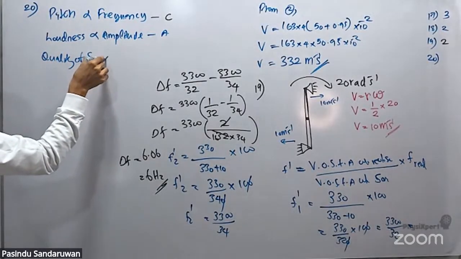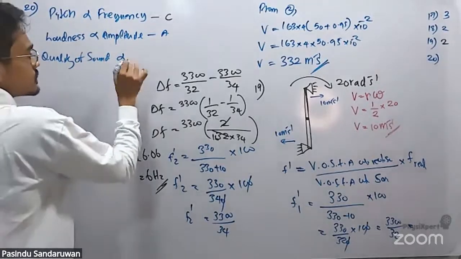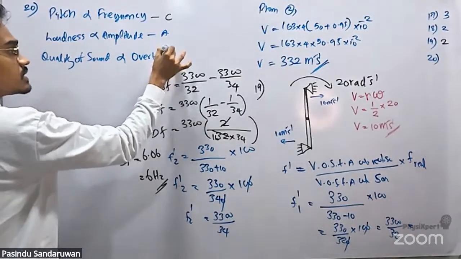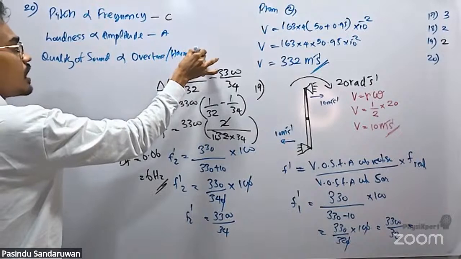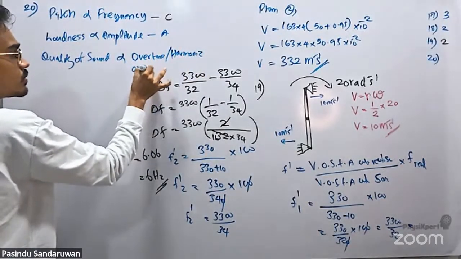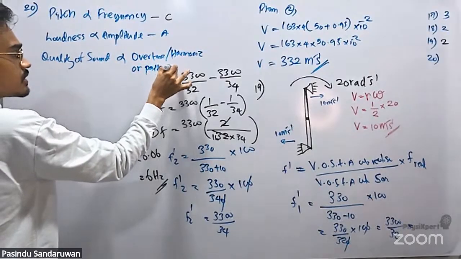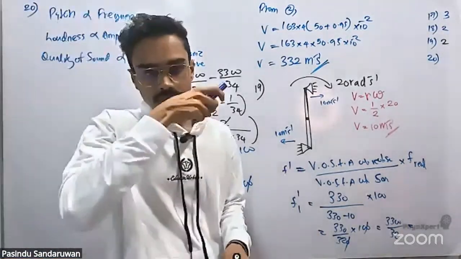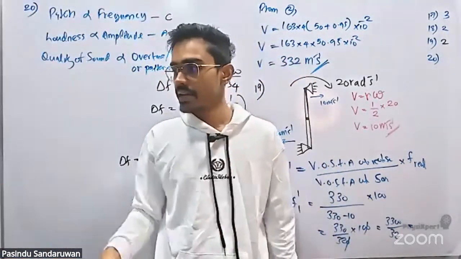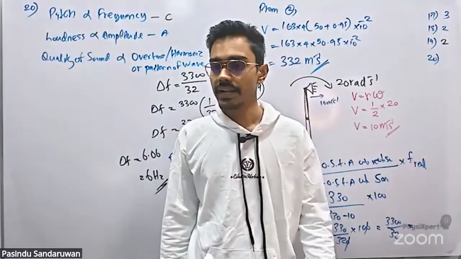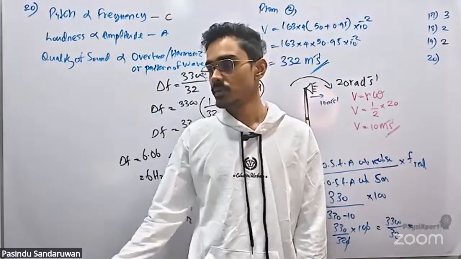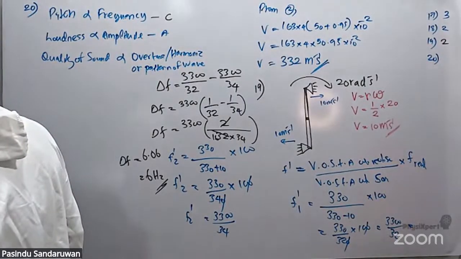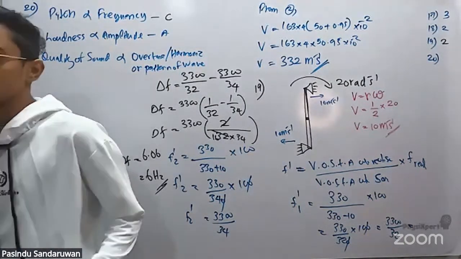Quality of sound with harmonic overtone depends on overtone, harmony, or pattern of wave. So to study quality of sound, B and D are in the same pattern. So it should be B and D. Then what's the answer? Highest pitch is C, then A, and then B and D. Answer 3. For 20, answer 3.